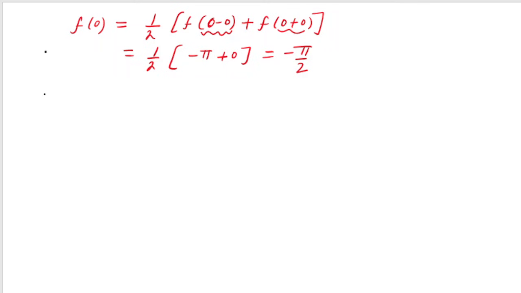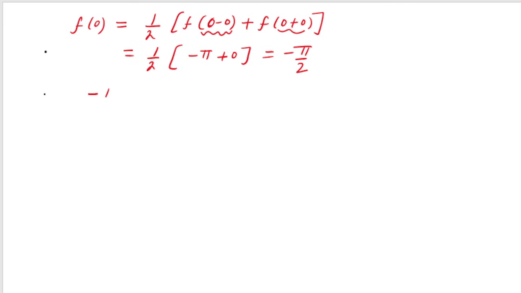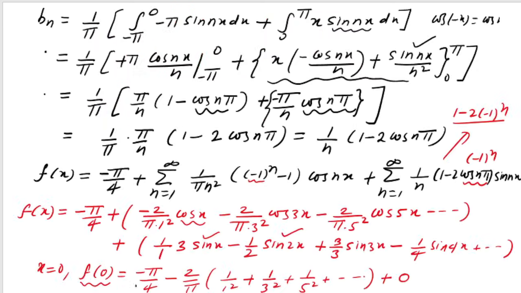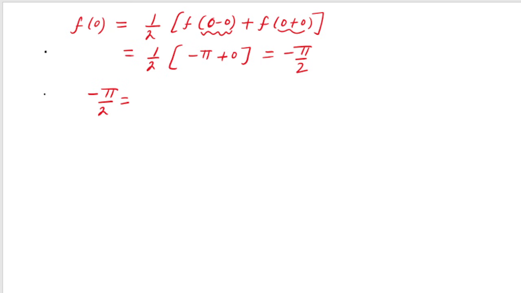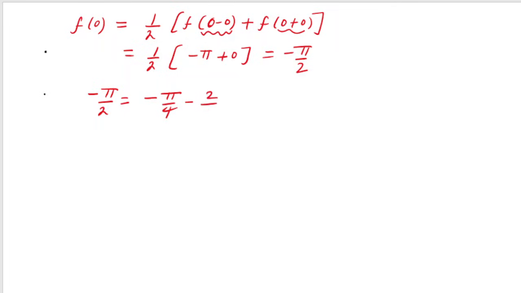So if I put this in here, f of 0, I am getting minus pi by 2 is equal to, and what is the right hand side? That is minus pi by 4, and minus 2 by pi, and then the bracket that we are looking for, 1 by 1 square plus 1 by 3 square plus 1 by 5 square, and so on.